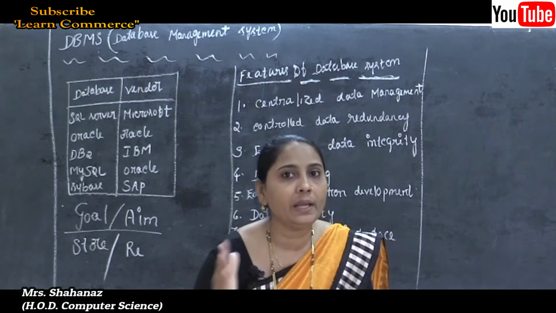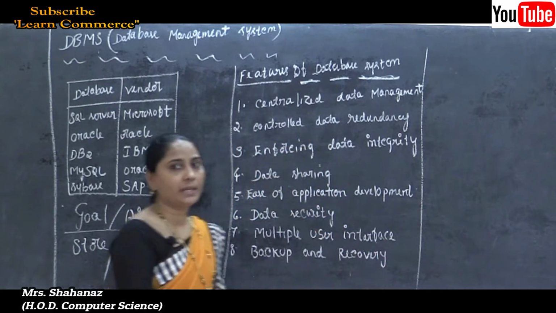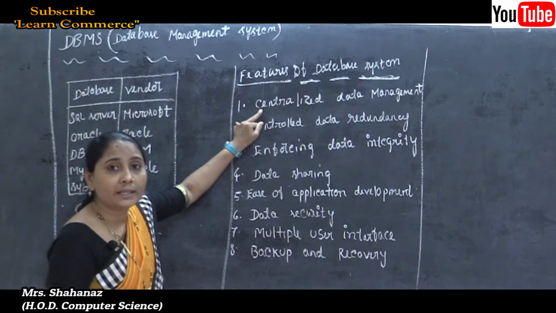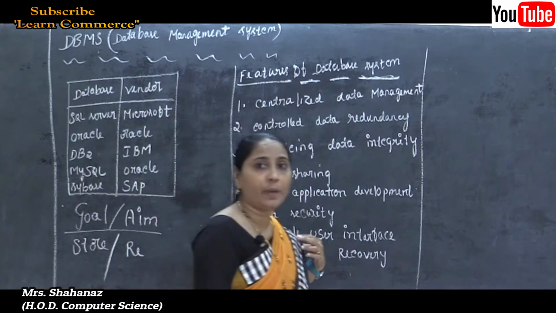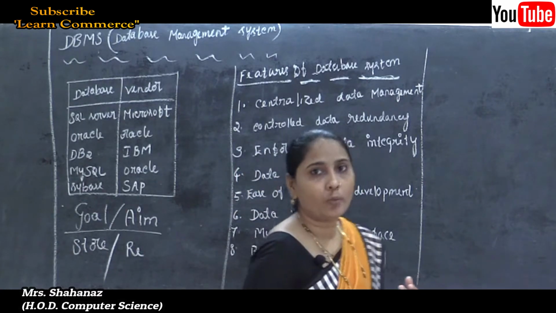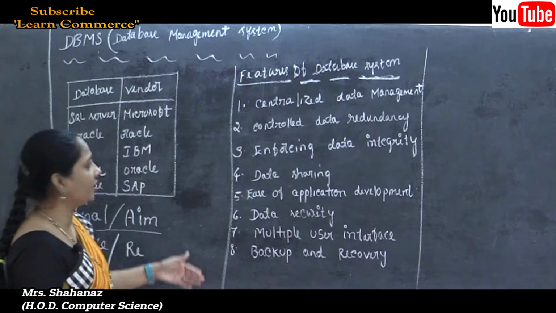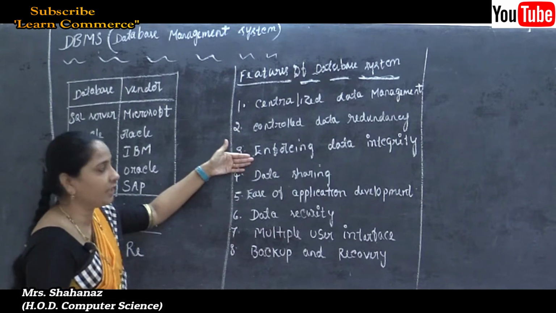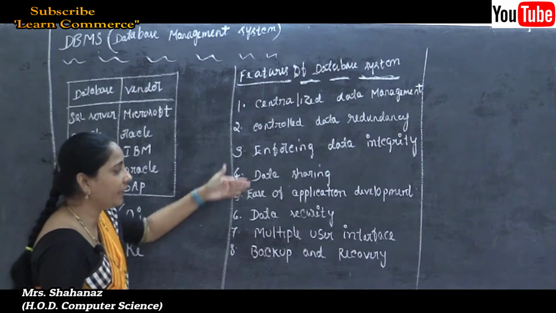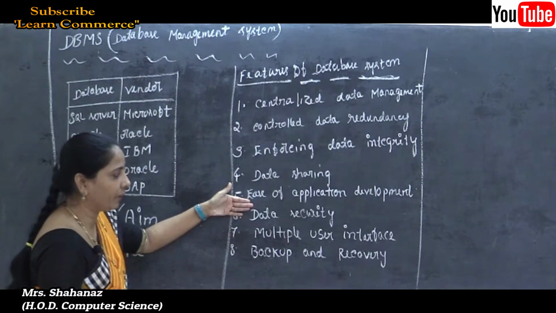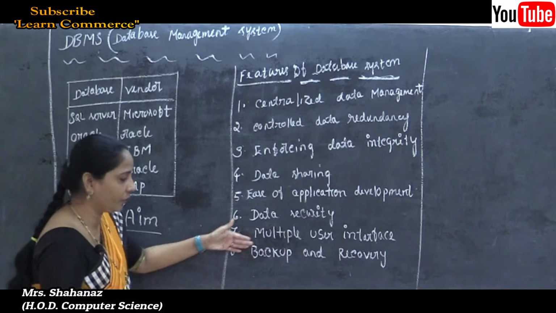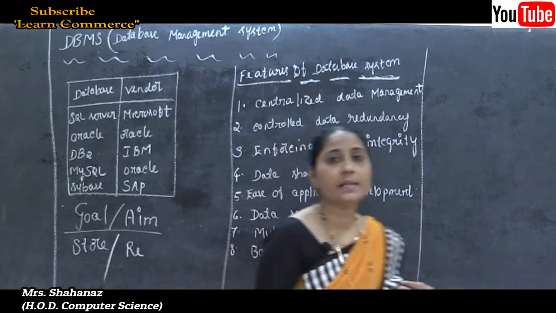Thus the main advantage of the DBMS is centralized data management. This centralized nature of the DBMS provides several advantages: control of data redundancy, enforcing data integrity, data sharing, ease of application development, data security, multiple user interface, and backup and recovery system.